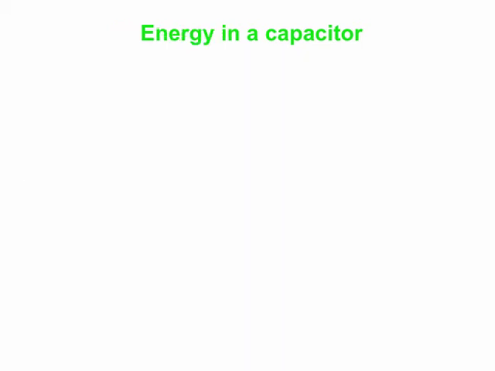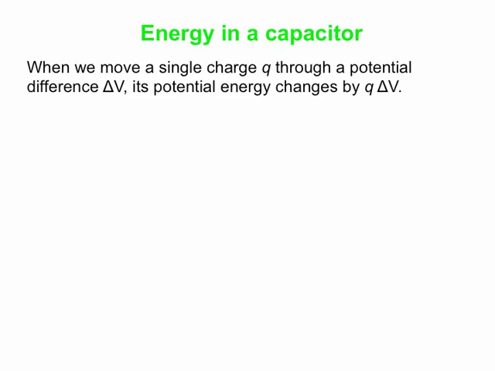Okay, so let's talk about energy some. Now, what's going on with the capacitor is the battery is causing electrons to move from one plate to the other. If you take a single charge and move it through a potential difference, its potential energy changes by an amount equal to the charge times the potential difference.